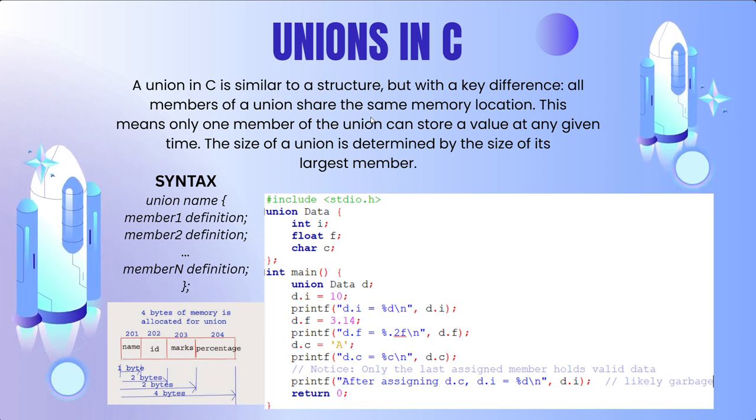This implies that although a union may contain many members of different types, it can handle only one member at a time. Like structures, a union can be declared using the keyword union. This is the syntax: union name, then member 1 definition, member 2 definition, and so on, n number of members we can declare, then close it and use a semicolon.